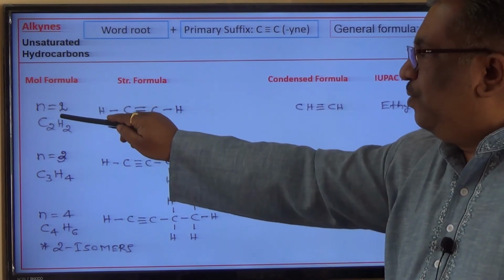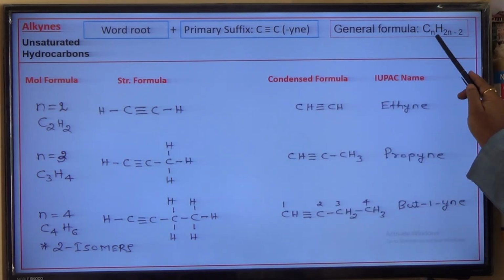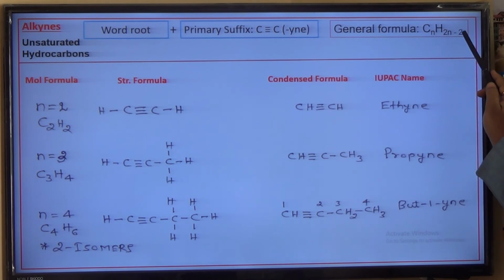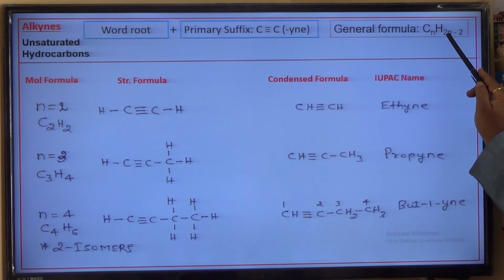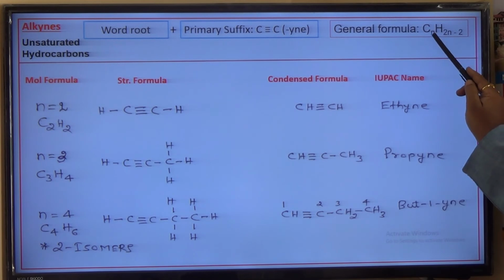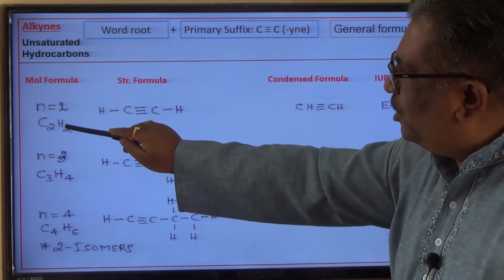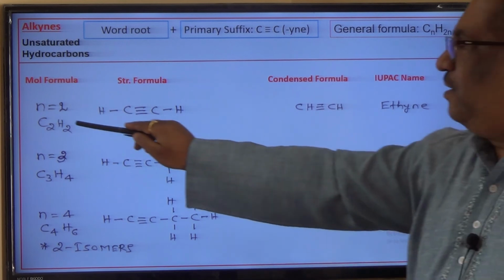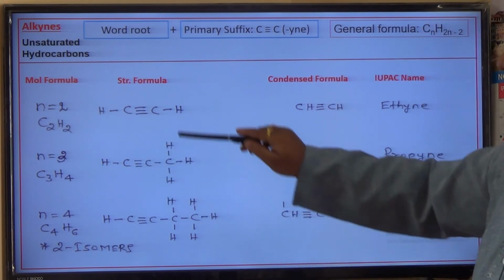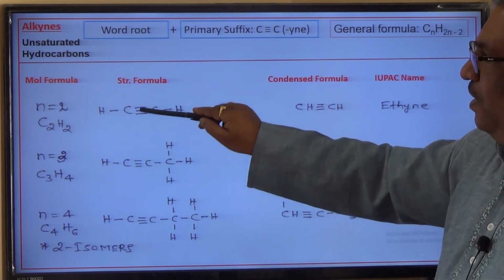If n equals 2, substitute 2 in the general formula: C2H(2 times 2 is 4, 4 minus 2) is 2. Is it correct? 2 twos are 4, 4 minus 2, 2. Yeah, C2H2. Here you get C2H2. How do you write the structural formula?